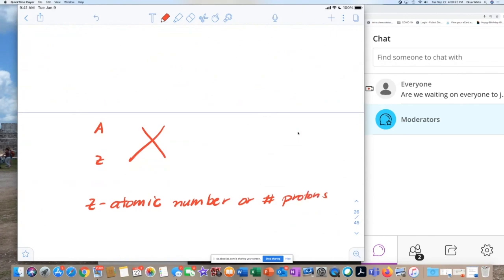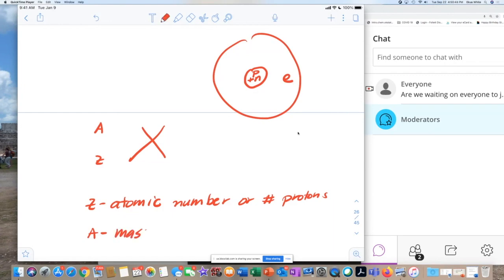Inside the atom, in the nucleus, you have protons plus neutrons. Outside, you have electrons, right? Then over here, A, that is the mass number, or number of protons plus number of neutrons.